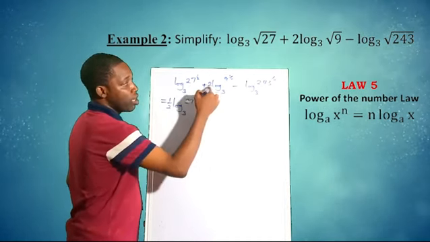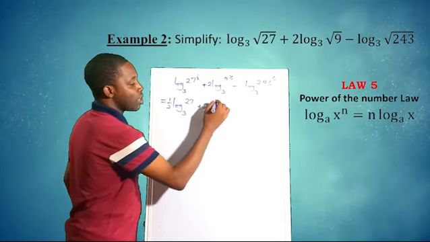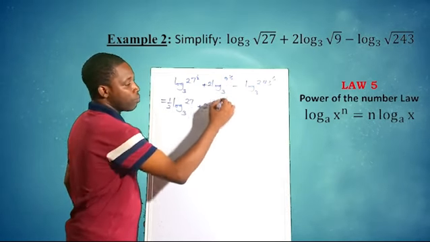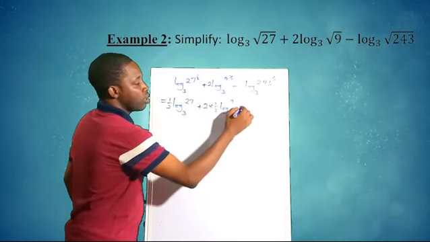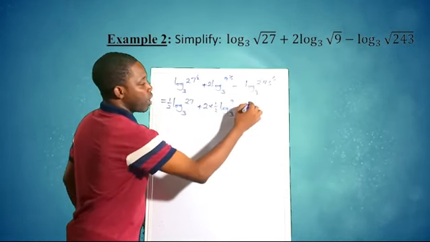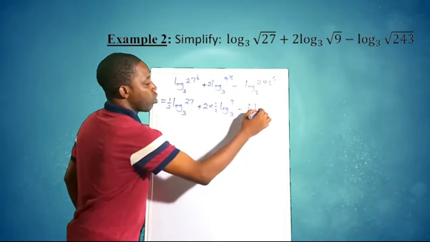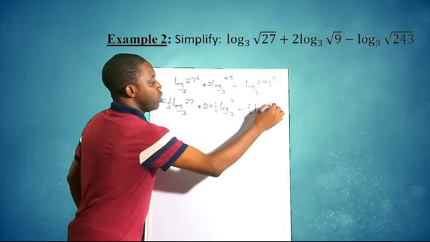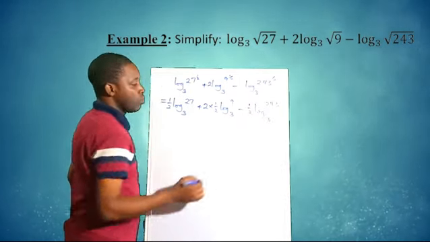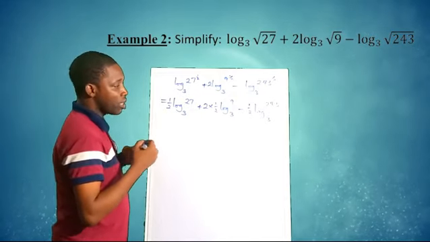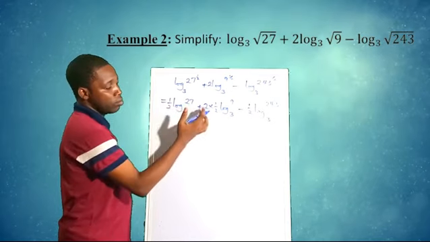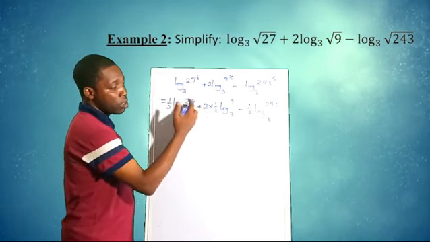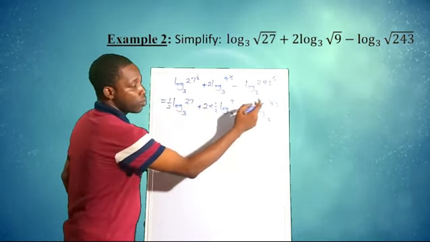Plus, we have a 2 here before the half, that is 2 times half, the coming half, log 9 to base 3, minus half coming to the back also, half into log 243 to base 3. Now, like the previous example, I can decide to join them by addition for multiplication and subtraction for division.